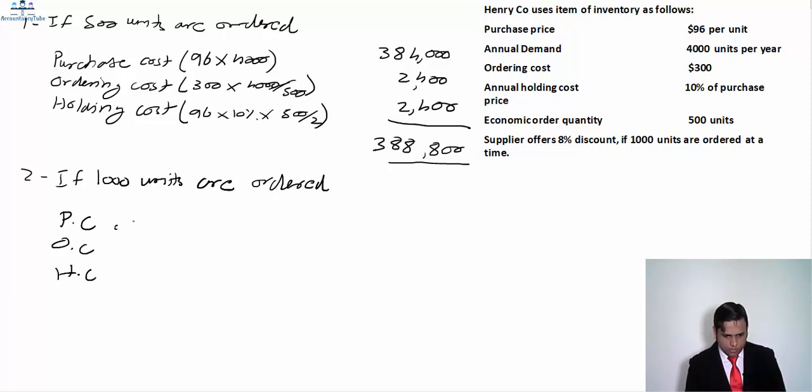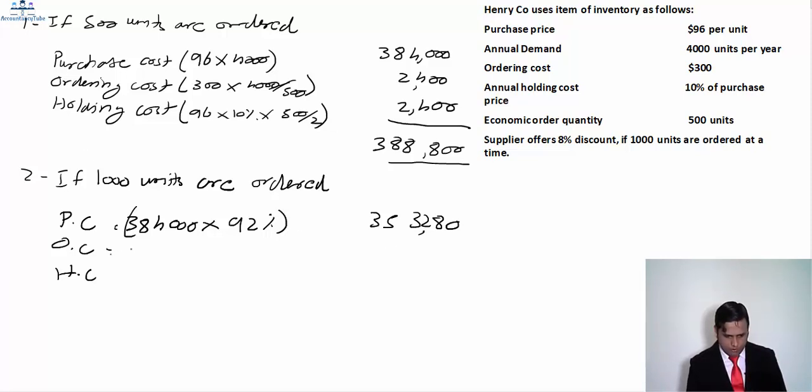We have already computed the purchase cost of 4,000 units, that is 384,000, in the above figure. Now we need to incorporate the effect of the discount. We are given a discount of 8%, which means we take 92% of this total cost. It becomes 353,280.